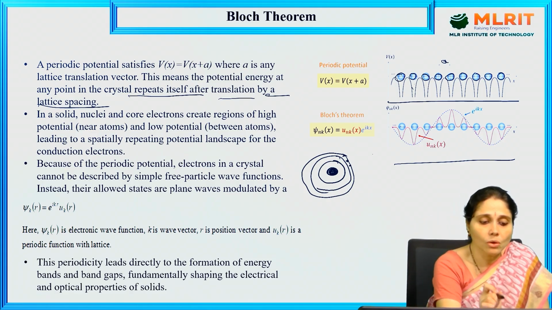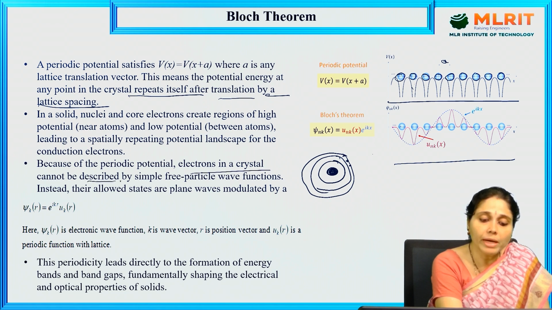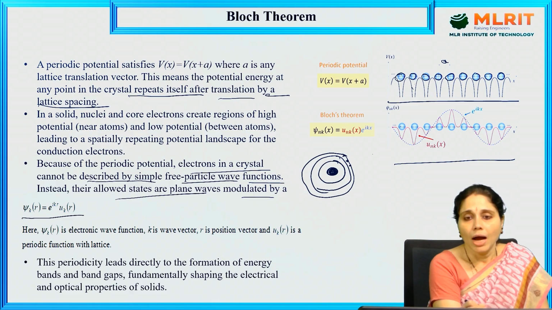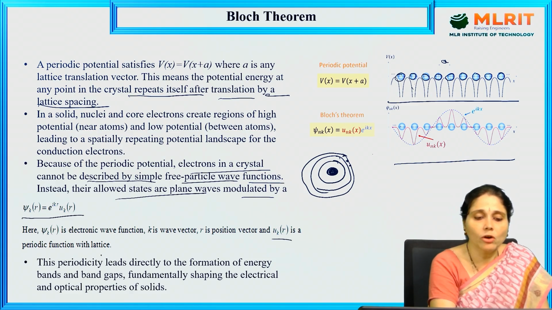Because of the periodic potential, the electrons in a crystal cannot be described by simple free particle wave functions. Instead, their allowed energy states are plane waves modulated by a periodic function: psi_k(r) = e^(ik·r) u_k(r). Here psi_k(r) is the electron wave function, k is the wave vector, and u_k(r) is a periodic function with the lattice.